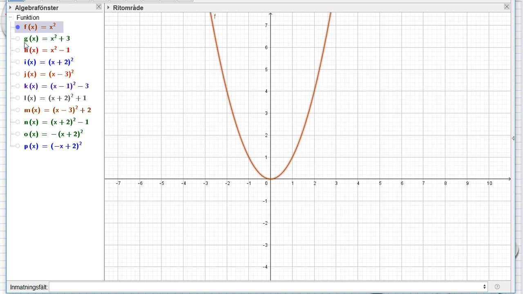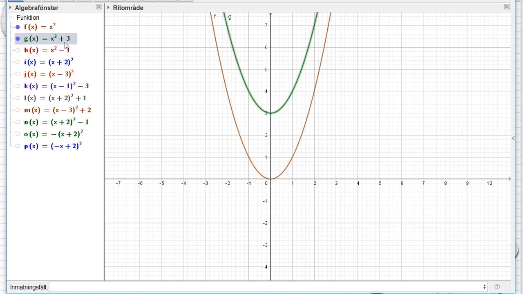What happens if I add 3 to the function f of x? That means x squared plus 3. Let's see what happens. As you can see, it transformed the graph of the function x squared 3 steps higher on the y-axis.